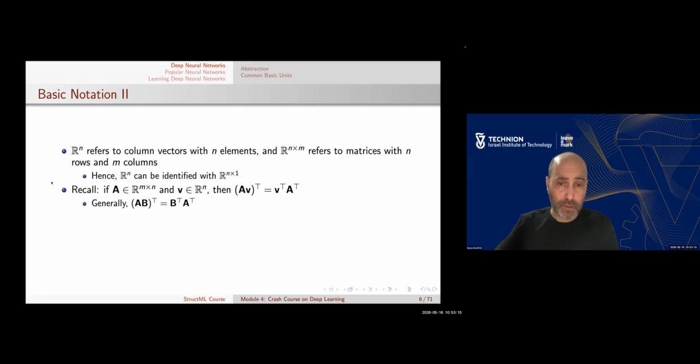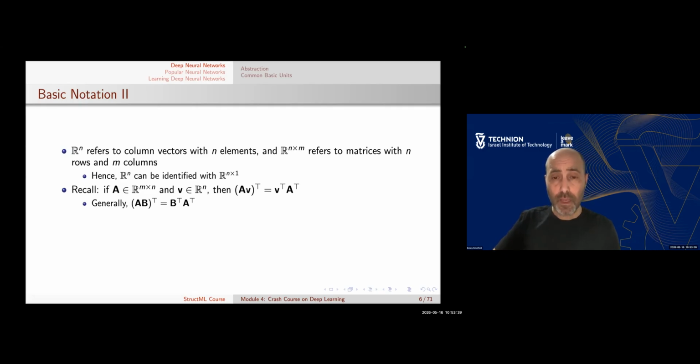Okay, now just the law of transpose over product. So if you have a matrix A and a vector v, then Av is a column vector, right? And then the transpose is a row vector.